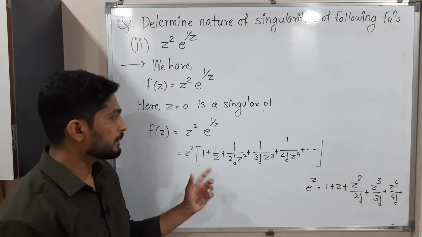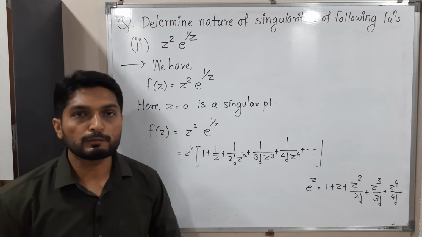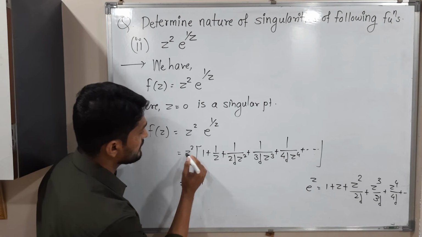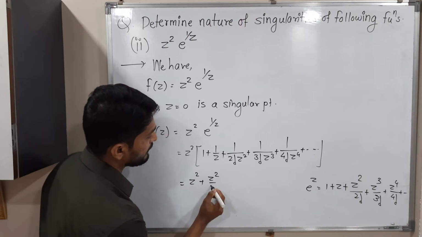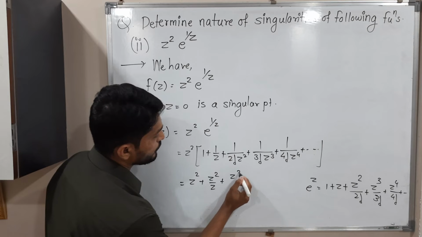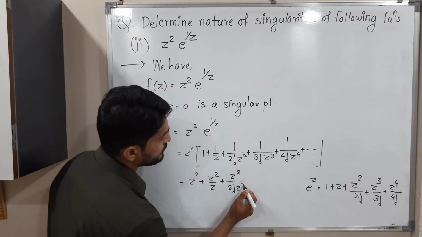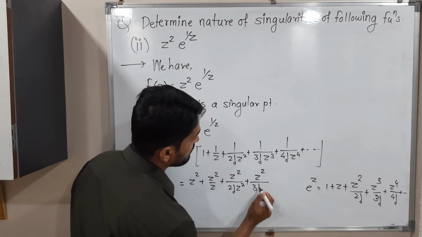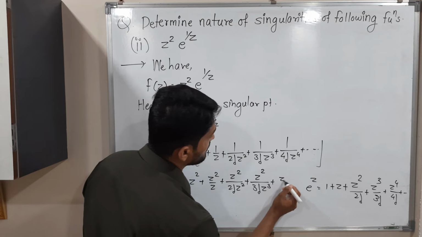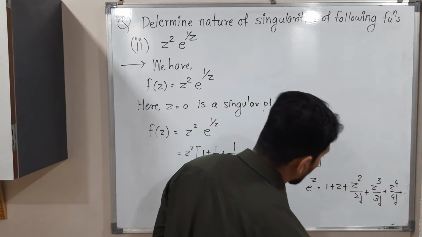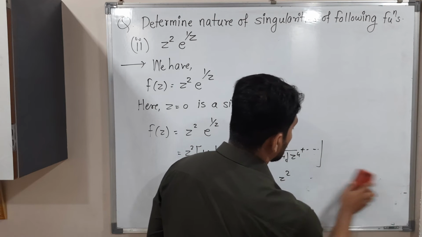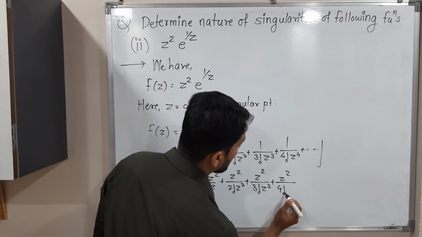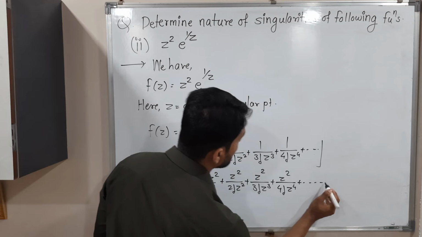I will take the product of z square and each term of this bracket: z square into 1, z square by z, z square by 2 factorial z square, z square by 3 factorial z cube, z square by 4 factorial z raised to 4 and so on.